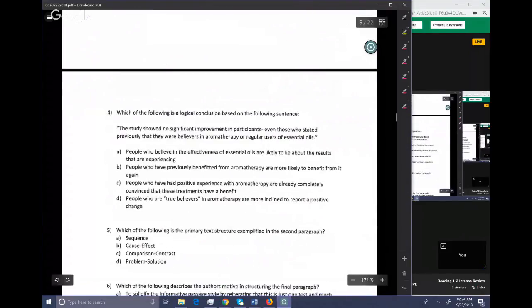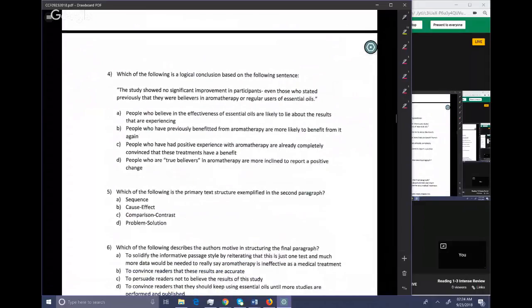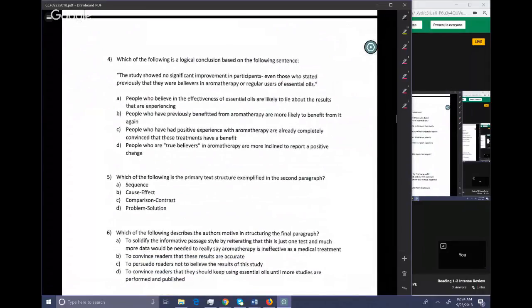Question 4 says, which of the following is a logical conclusion based on the following sentence? The sentence is pulled straight from the passage, and it says, the study showed no significant improvement in participants, even those who stated previously that they were believers in aromatherapy or regular users of essential oils. This is a very, very important question. So this is one of your logical conclusions.